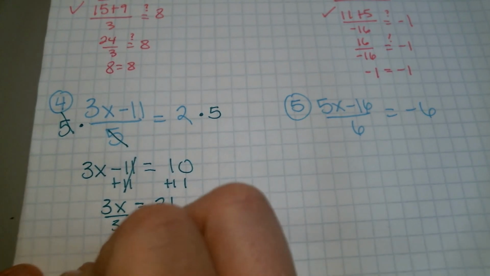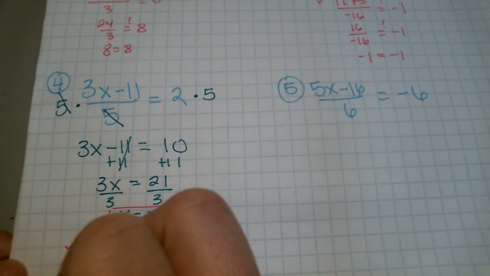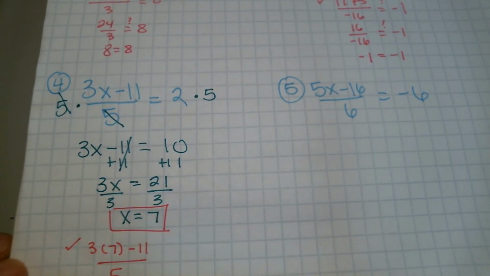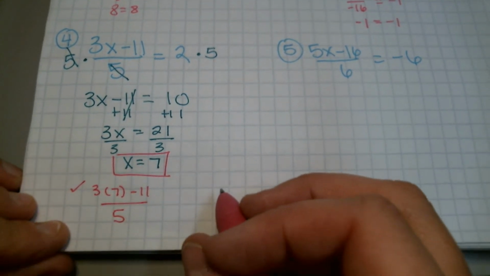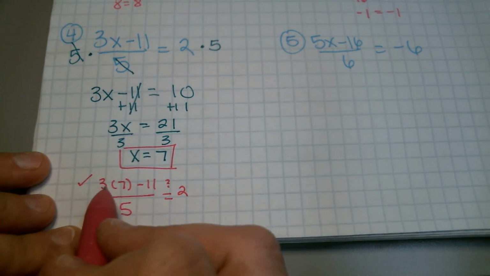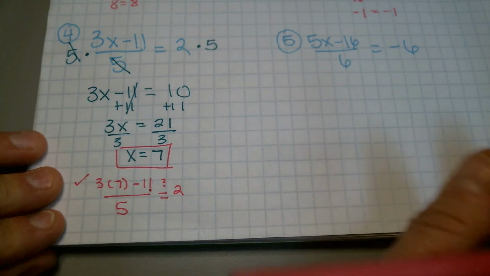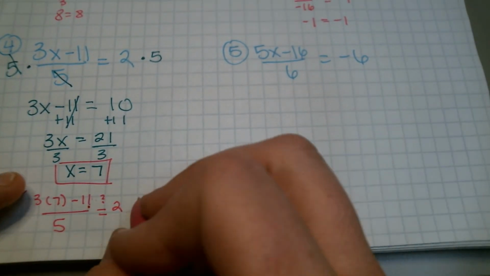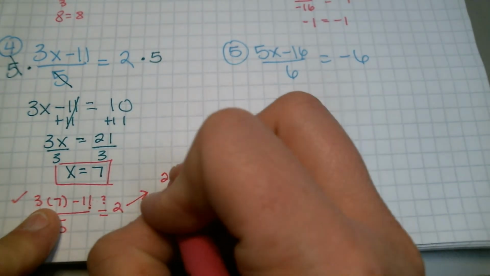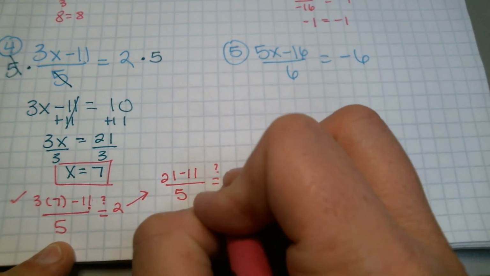And of course, the last thing we want to do is check that solution. If I plug in 3 times 7 minus 11, and that quantity divided by 5, does that equal 2? I'm going to do what's in the numerator first. 3 times 7 is 21, and 21 minus 11 divided by 5, does that equal 2?